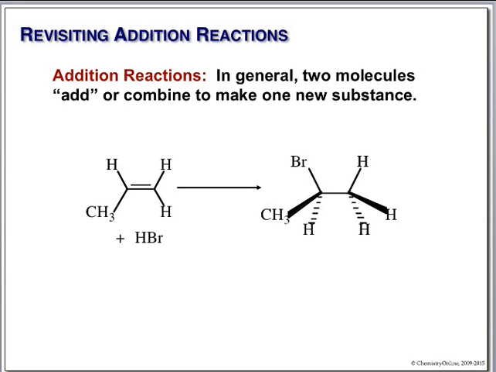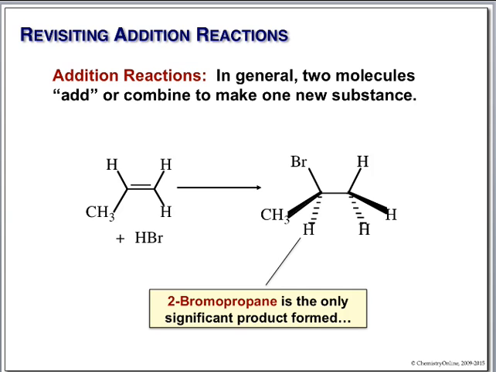All right, let's return to our ionic addition reaction. Here we have, instead of ethene, propene, 3 carbons with a double bond. When we do this reaction, the product that we get is 2-bromopropane. This is essentially the only product that we're going to get.